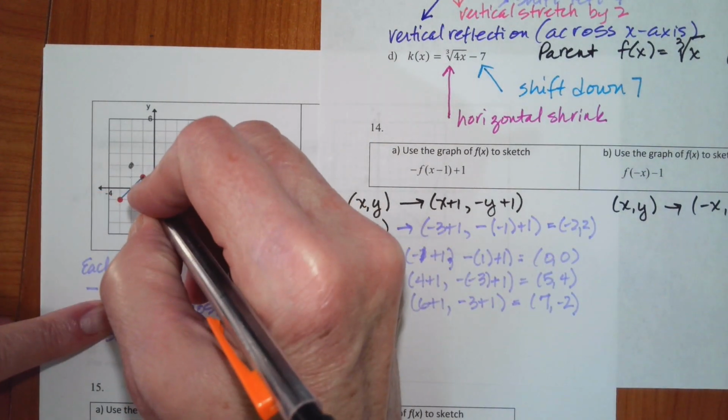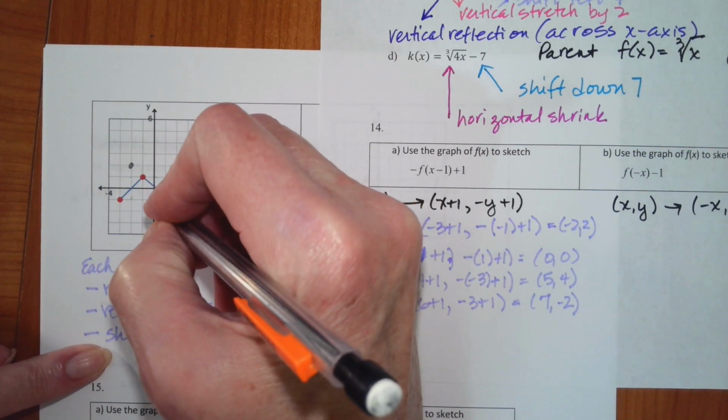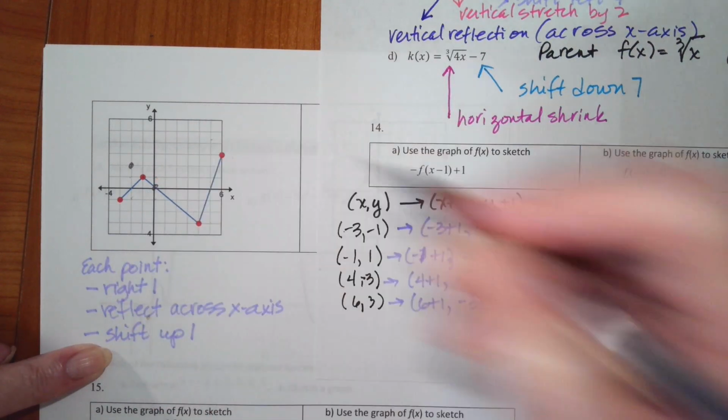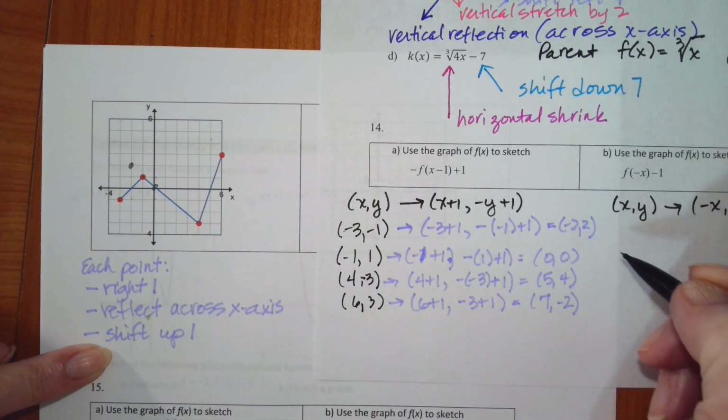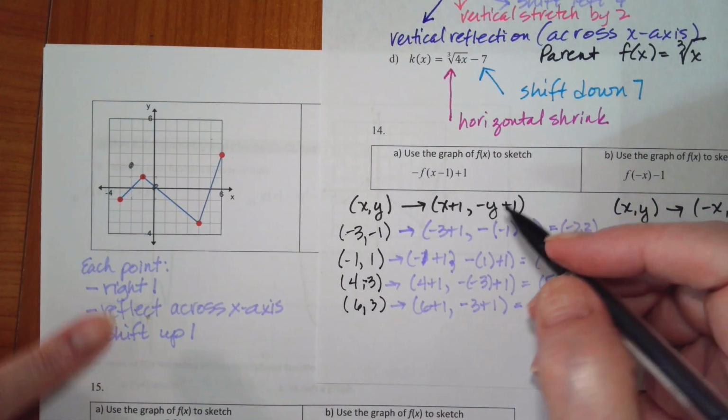If I take this point, move it to the right one, reflect it across the x-axis, and then shift it up 1, that's right here, the point 0, 0. I always do this in pencil because I'm bad about making mistakes.